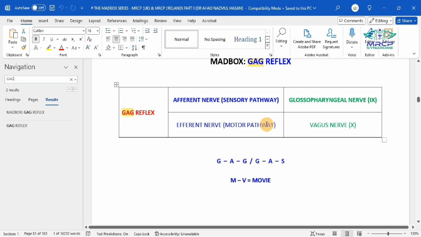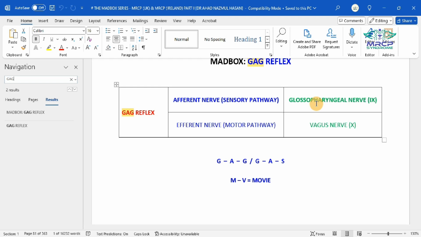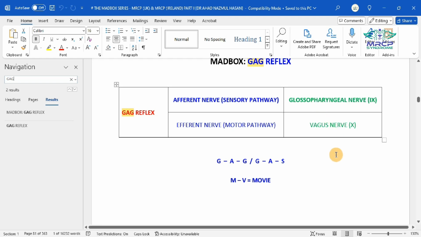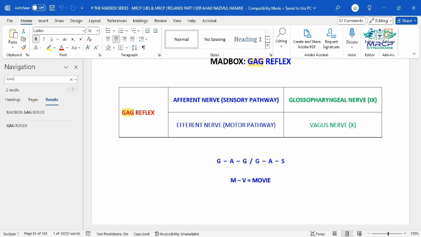The sensory information from the pharynx is transmitted by the glossopharyngeal nerve, and the motor response is initiated by the vagus nerve.